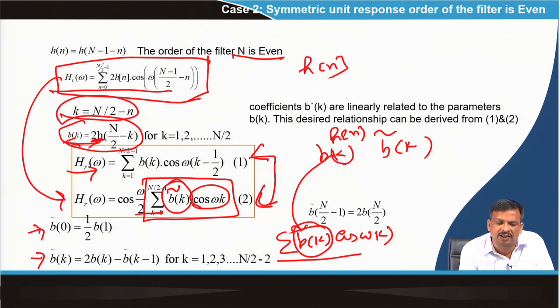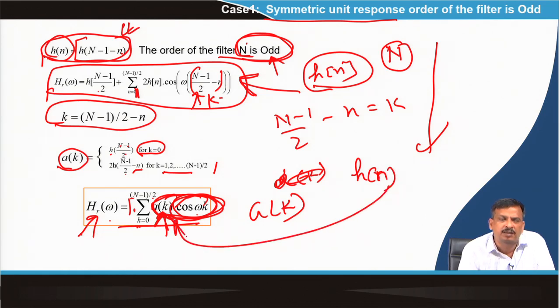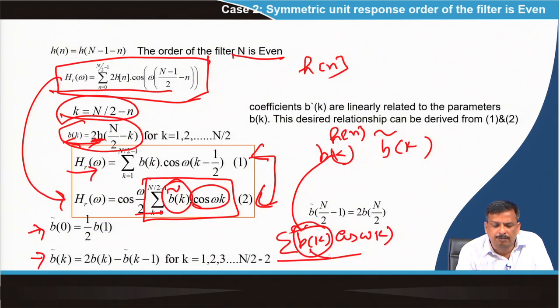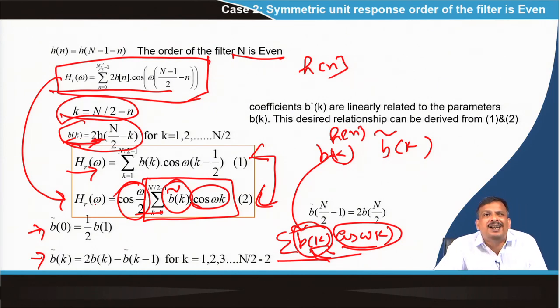So b_k is related to h(n), and a_k is related to h(n). All h(n) basically define the filter coefficients. Here also b_k defines the filter coefficient with cos(omega k). Only one constant term differs, which is cos(omega/2) instead of 1, in the case of symmetric even.